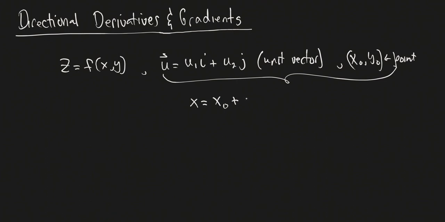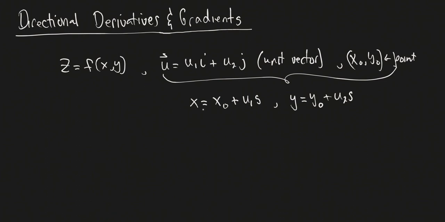And again, I used s for that, no particular reason. And then we also came up with the corresponding equation for y. So we had that y is equal to our y0, right, plus u2 times s.